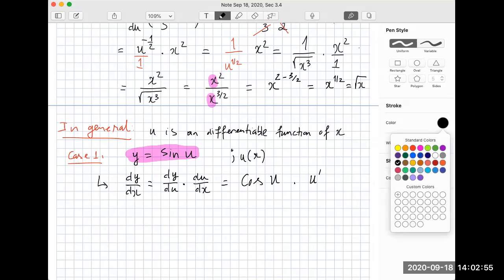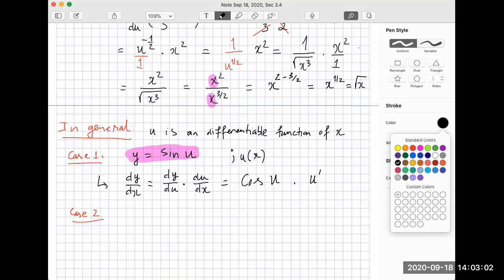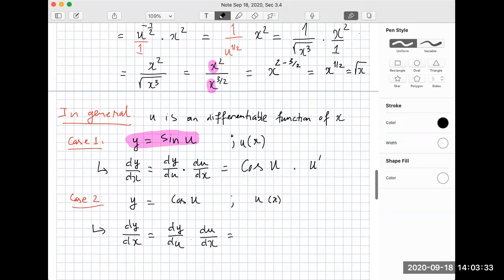Similarly, if y is cosine of u and u is a function of x, then the chain rule tells us that dy over dx will be dy over du times du over dx, which is, very good, so derivative of cosine gives us negative sine of u and then du over dx, which is also u prime.